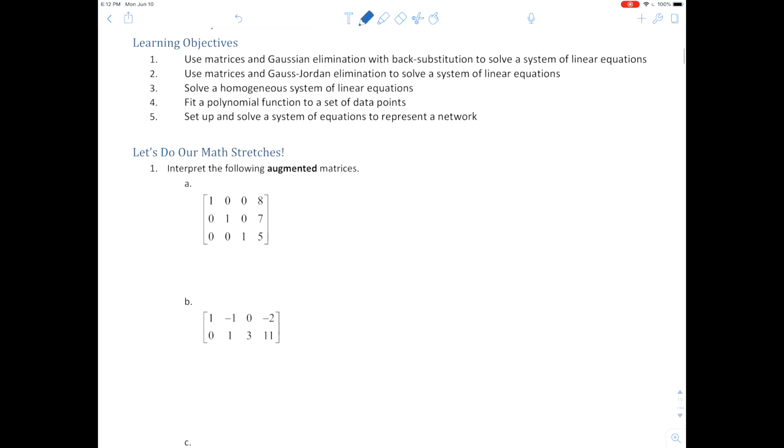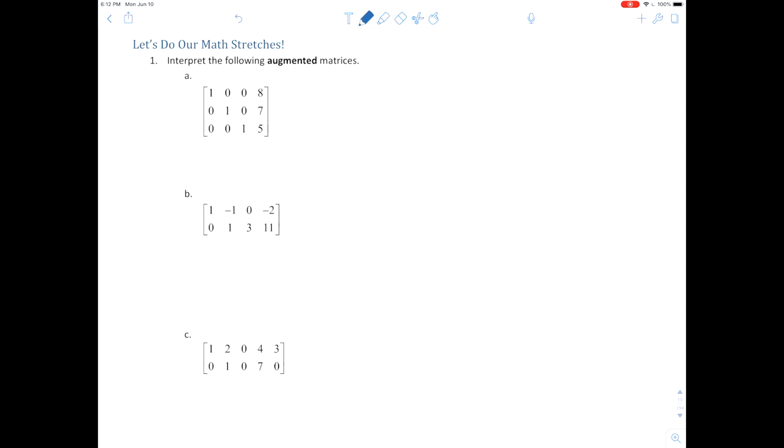Let's do our math stretches so that we can interpret the augmented matrices. Notice that I bolded the word augmented matrices. The augmented matrices might have a line, they might have a dashed line, or they may have no line at all, like here, but you're told it's an augmented matrix.